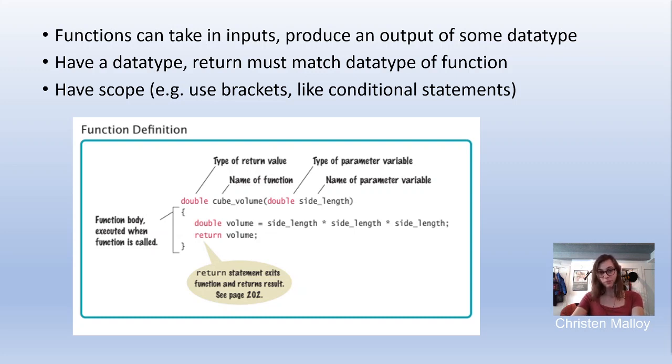In this example, we do pass parameters. We're passing a double called side_length, which is the name of the thing that we are passing in from somewhere else. So when we call this function, we will have to pass in some information in the parentheses to represent side_length. Here, in the scope of this function, whatever we pass in, whether it is 5.5 or some other value, will be stored within a variable named side_length, and it will be scope specific.